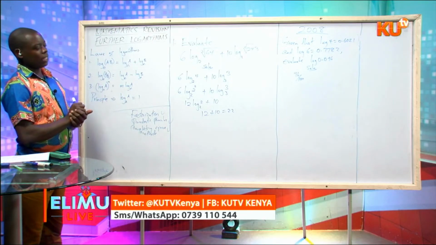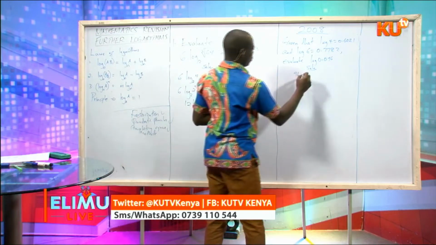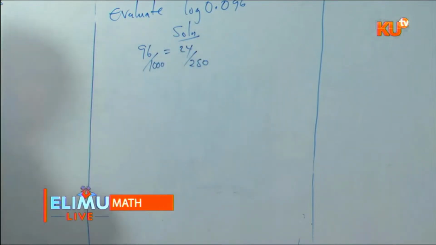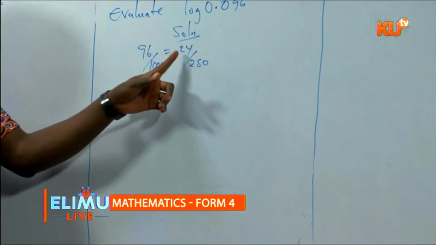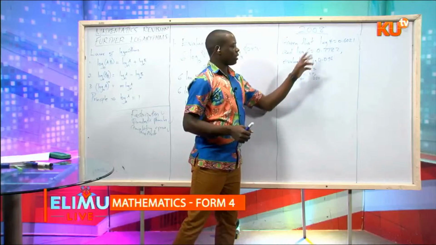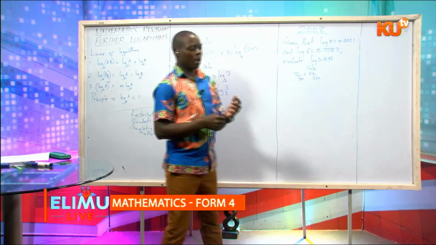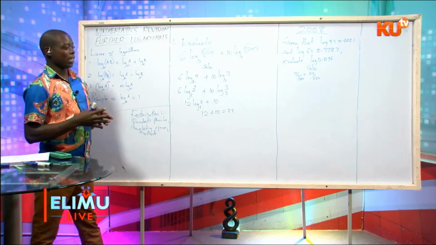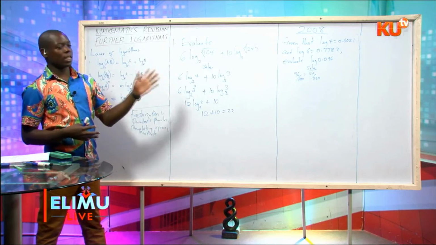If we simplify 96 over 1,000, then we'll have 24 over 250. We are trying to look at possible numbers that we can write that have 4 and 6, which can be written in terms of the given numbers. Now, if you look at 250, we'll have a problem writing 250 in terms of 4 and 6. 24 is easier because 24 simply means 6 times 4.